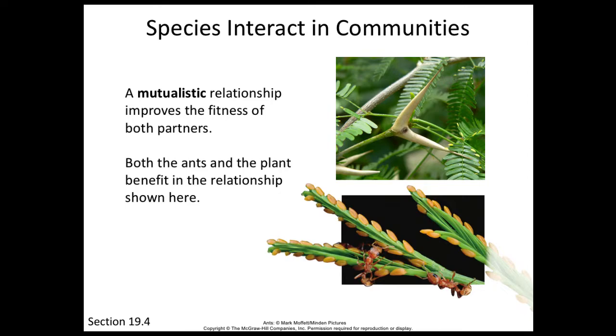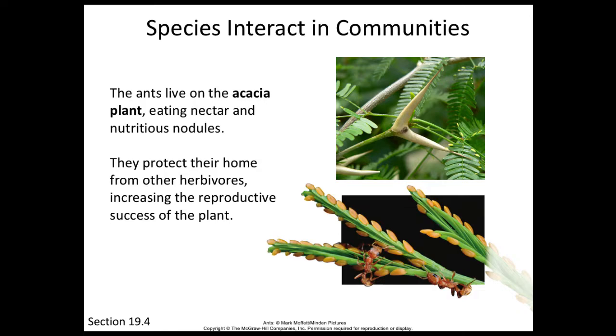A mutualistic relationship improves the fitness of both partners in the relationship. For example, our textbook gives an example about ants and a special type of plant. The ants live on this acacia tree. They can eat nectar that's found on the plant, which is an important food source.